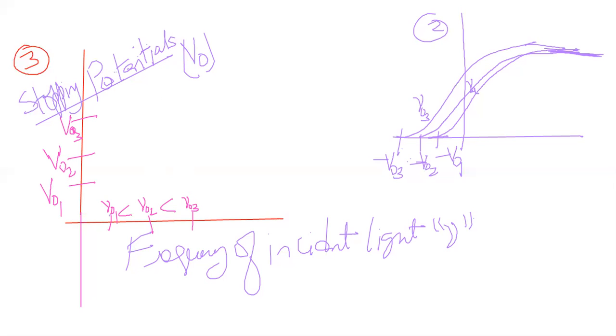That's what you observe from the second graph, is it or not? See here, for V03, you have nu03, which is quite higher than nu02, which is higher than nu01. Is it or not?